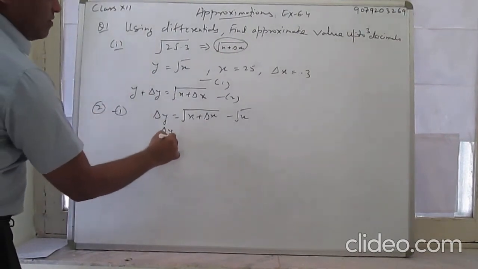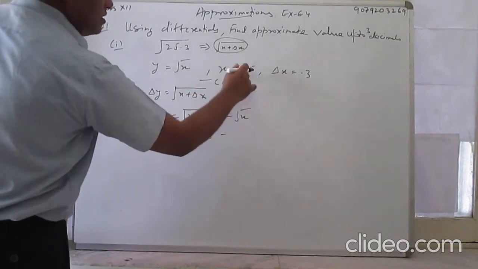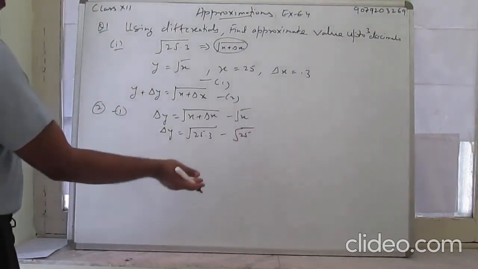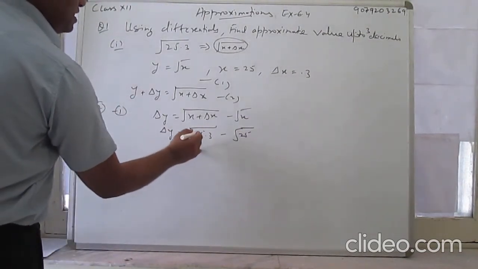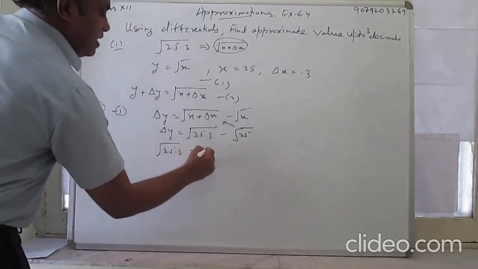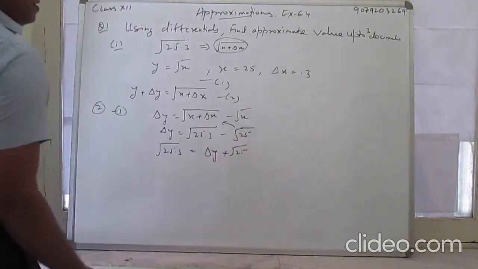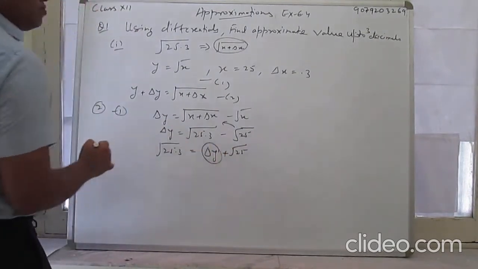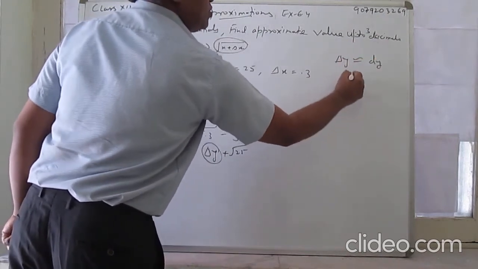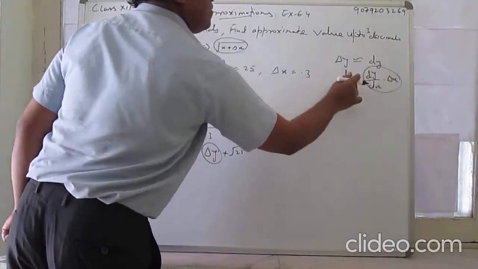So you can write delta y is equal to root 25.3 minus root x. x is 25. Now transpose it. इसको इधर ही रहने दीजिए, इसको आप उधर ले जाइए तो root 25.3 is equal to delta y plus root 25. Now we know that delta y is nearly equal to dy, and what is the differential dy? dy by dx into delta x.